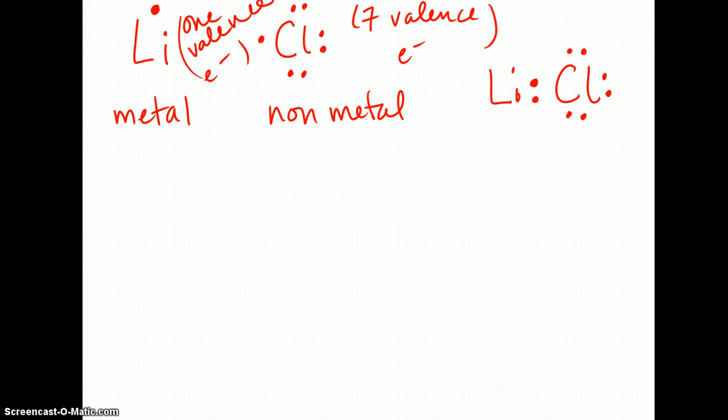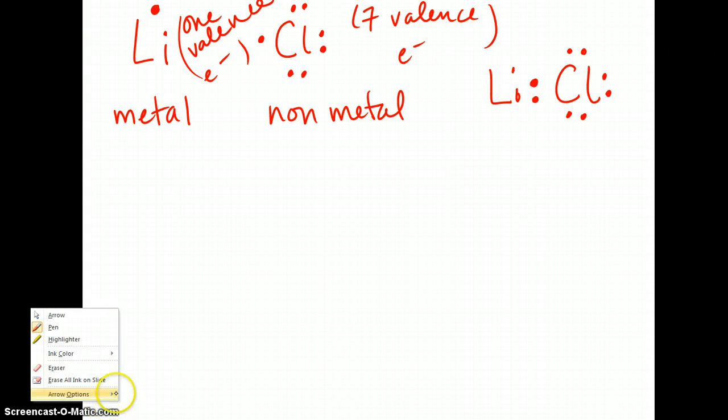So that means that chlorine has a total of 8 electrons, so it's pretty content. It has as many electrons as it wants. And the reason it has 8 electrons is because lithium actually gave it an electron.